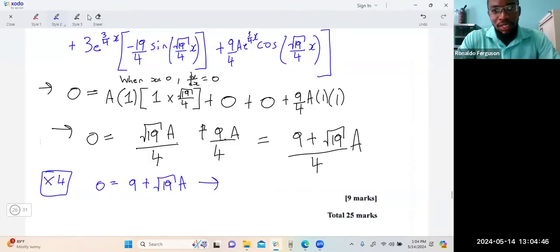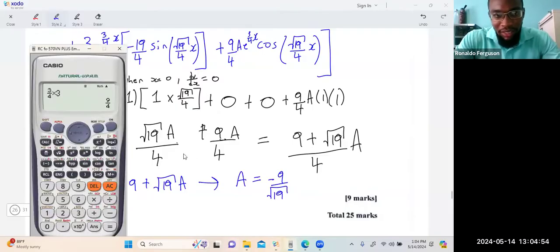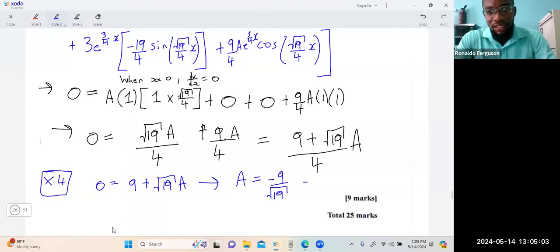Bring it over, which means a equal, this looks like minus 9 over root 19. And I don't think that is proper to leave as the answer. So we're going to rationalize it. 9 over root 19, which is 9 root 19 over 19, put a negative.